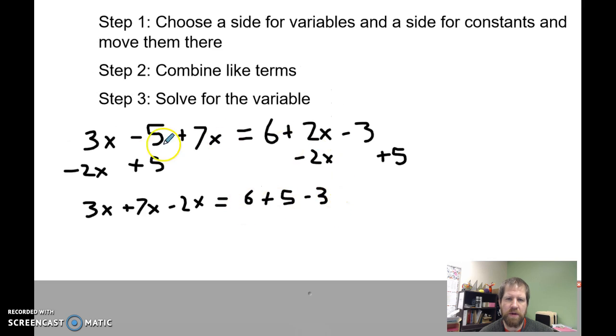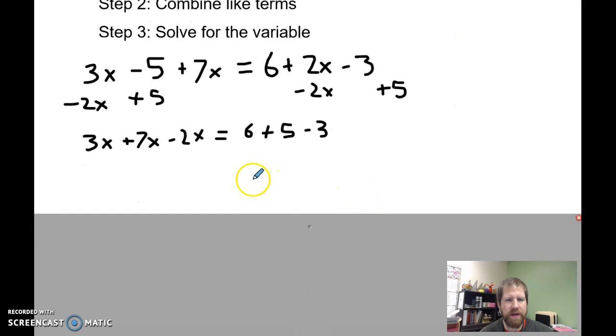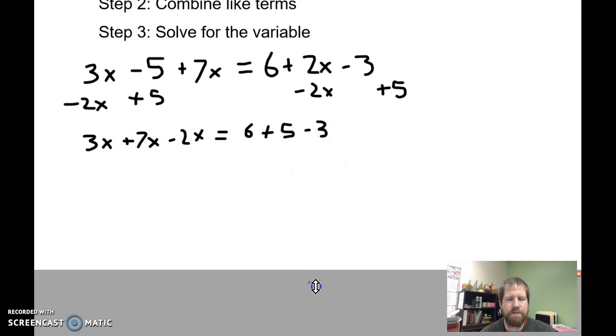So this is my combined choosing a side and moving both my constants and my variables. Again, you could move one, combine terms, move the other, combine terms. It works out just the same. This just saves you a couple steps.